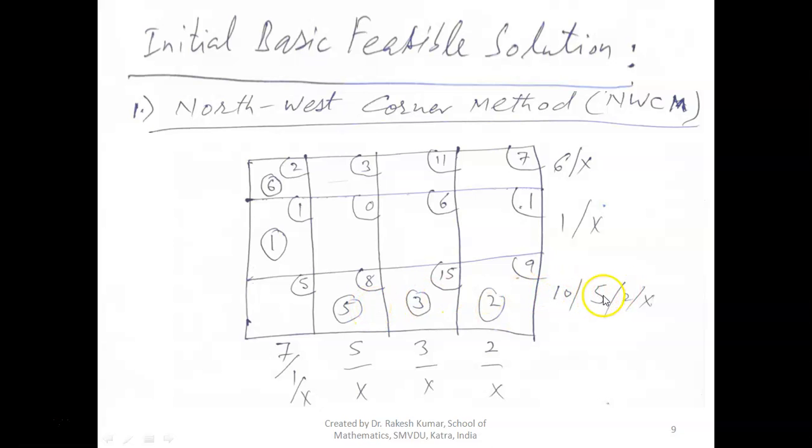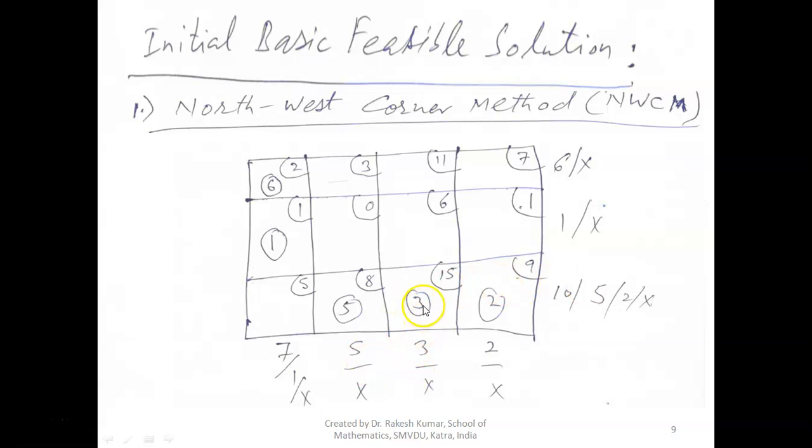So 5 are left. Then again we will have to do the transportation only from the third supply center, because the supply at first and second is exhausted, and the demands are still left. Coming to demand center 3, here 3 units are demanded and 5 are left with supply center 3. So take the minimum of 5 and 3, that is 3.